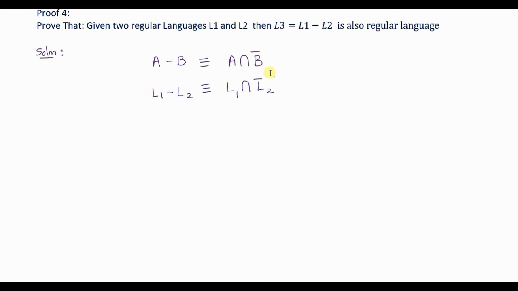So if we are able to prove this, it simply means that this is proved. Okay, now how should we prove L1 intersection L2 bar? How to prove this? Now we have already discussed in the previous proof number 2.